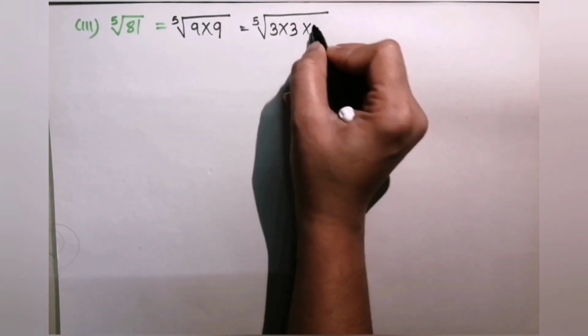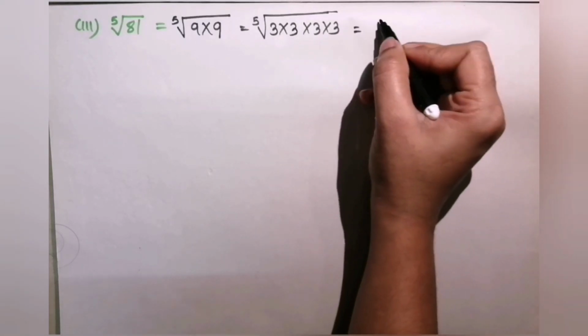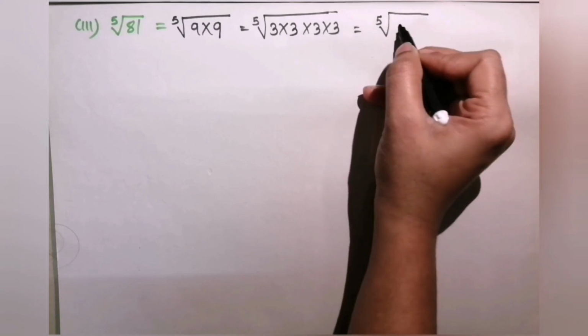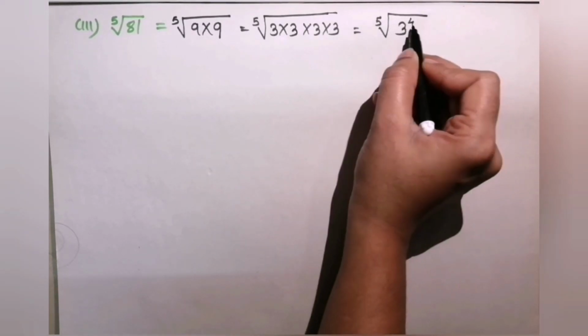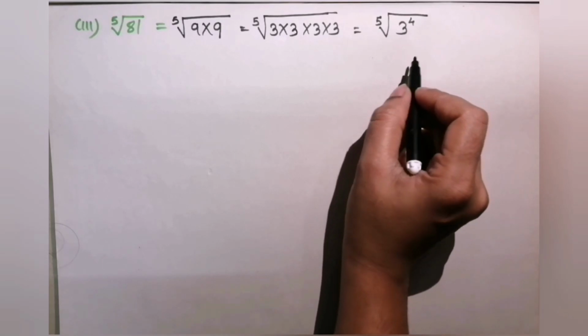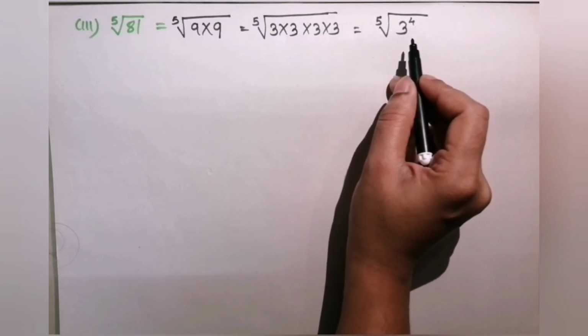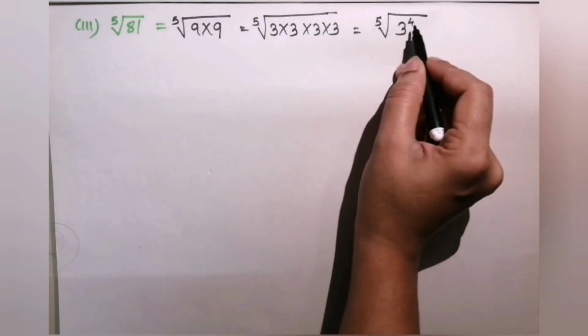Now the next one is again 3 3s are 9. This is the fifth root of 3. What is the power of 3? 3 how many times? 4 times. Now look at that. This 5 and this 4 are different. Yes. Therefore, it is an irrational number, and if it is an irrational number, therefore it is a surd. Clear, students? We cannot cancel this 5 with this 4.